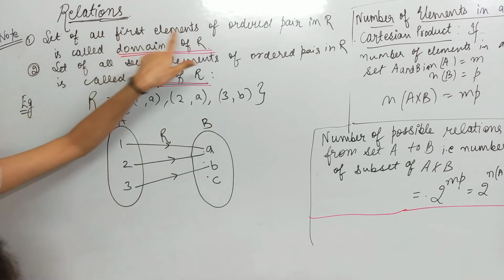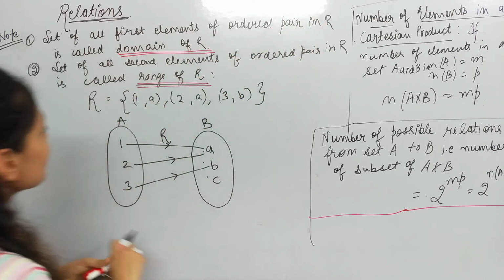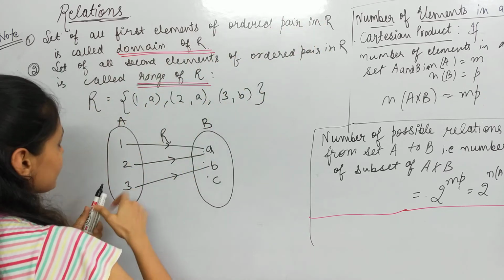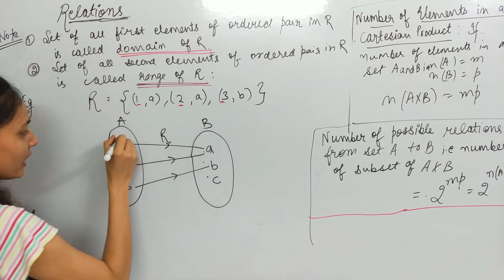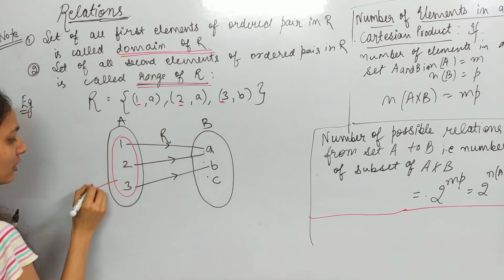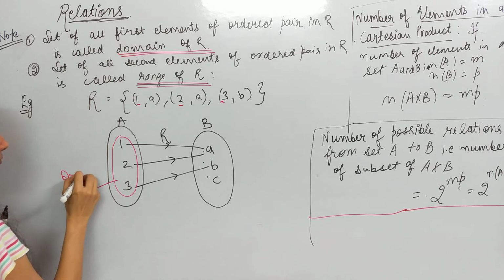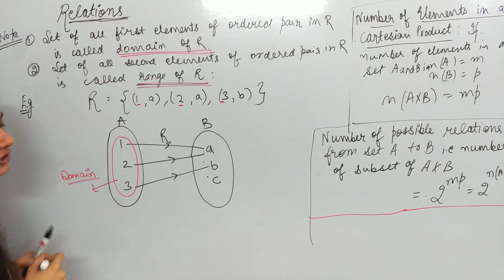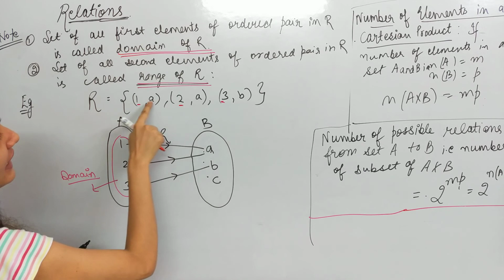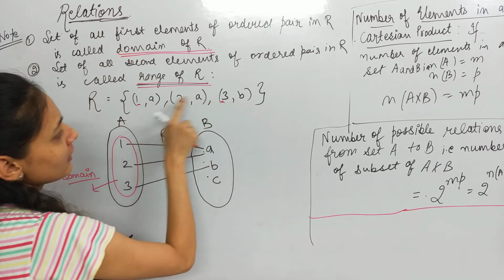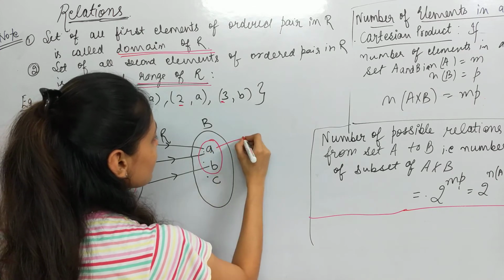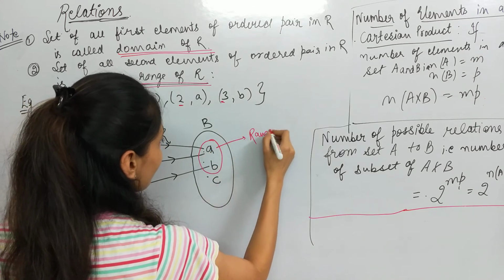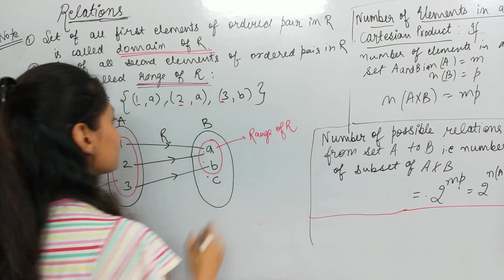The first elements of the ordered pairs in R, that means in these ordered pairs the first elements are this 1, 2 and 3. This is called the domain of R. Matlab this is the domain of your relation. And the second elements of this set is the range of R relation.